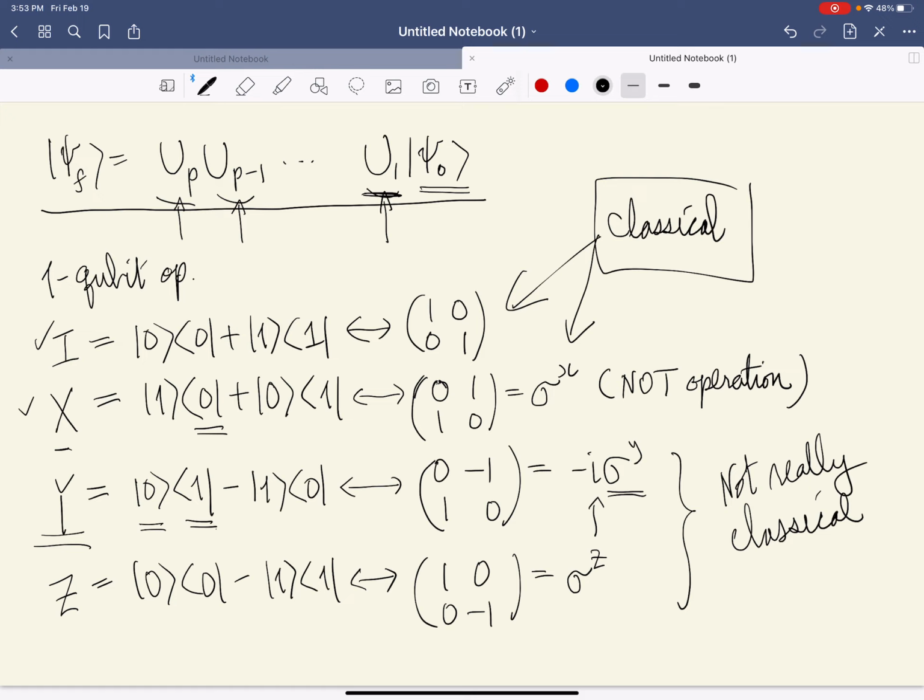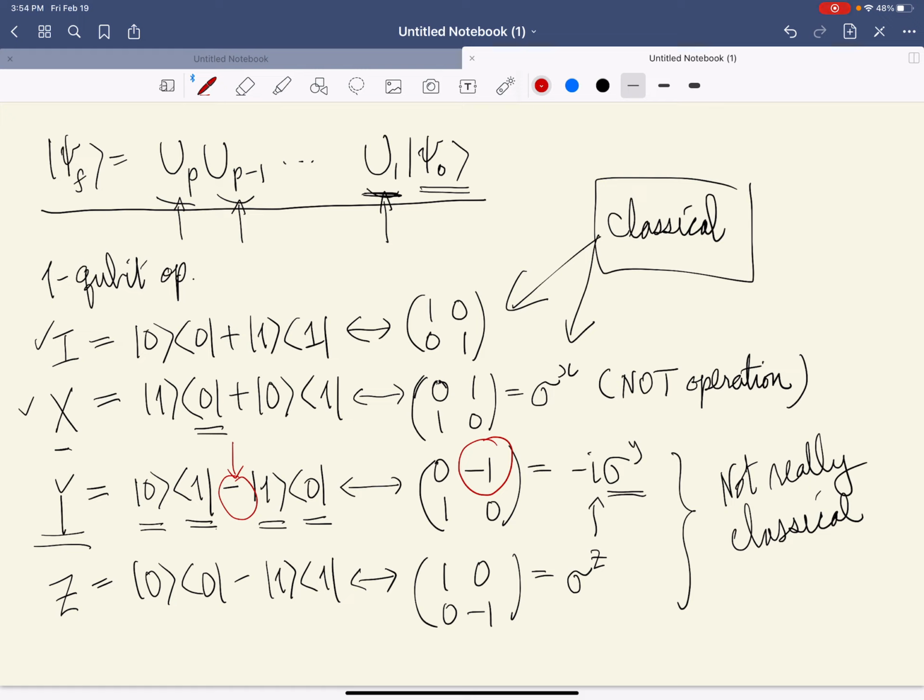So on the face of it, it looks just like the ordinary NOT operation. And also, when you act on the 0, it returns 1. So that also looks like an ordinary NOT operation. But one must keep track of this minus sign here, which means that not only do you flip the state from 0 to 1 and 1 to 0, but there's a sign change associated as well.